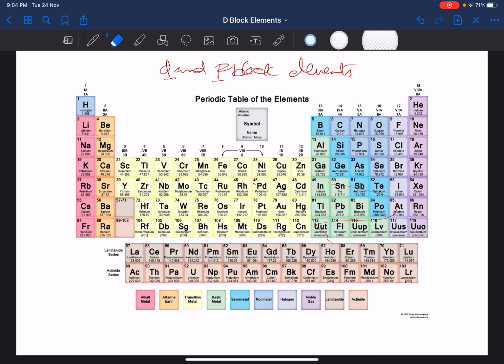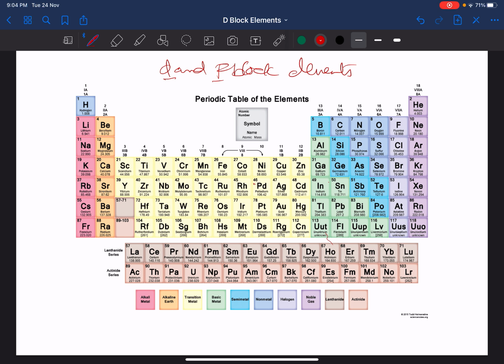The block elements are defined by the differentiating electron, or the newly entering electron, which enters that particular orbital, so they belong to that block. In d block elements, the differentiating electron enters the d orbital, whereas in f block elements the differentiating electron enters the f orbital. So they are called the d and f block elements.